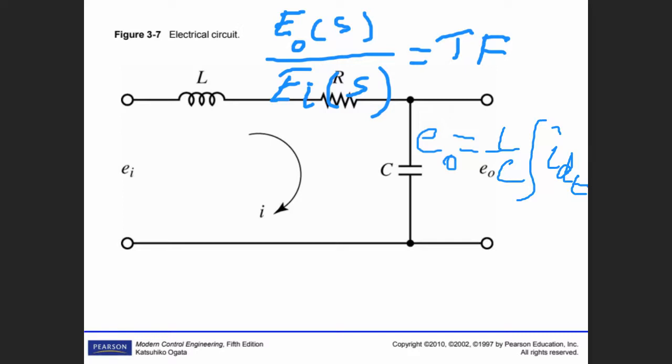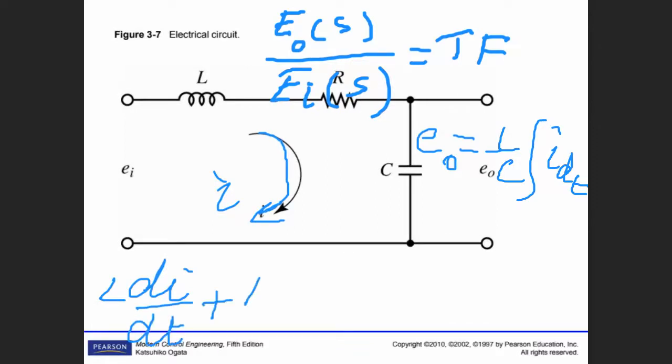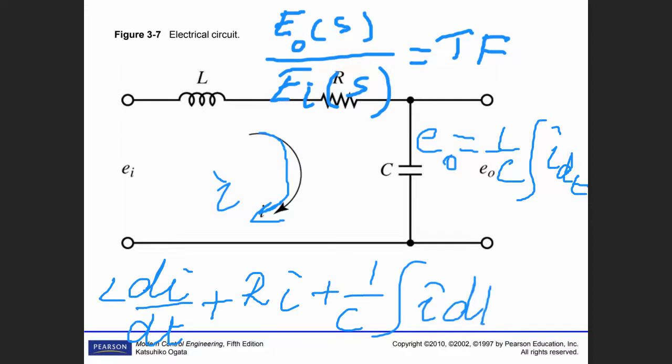The other equation: the current is flowing. You can see that current is flowing here, which is I. Okay, then the other equation is L di/dt plus Ri plus 1 over C integral I dt, which is equal to EI.